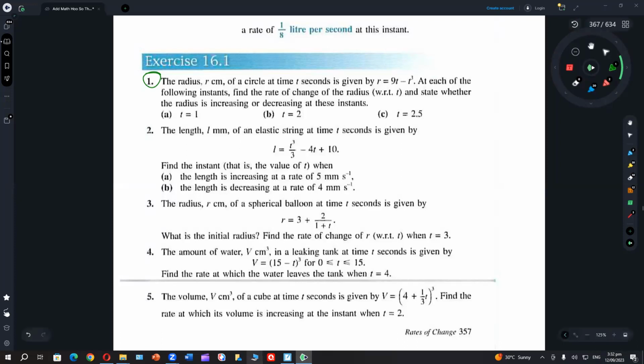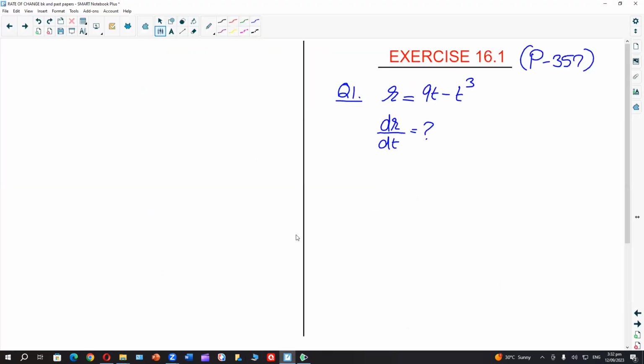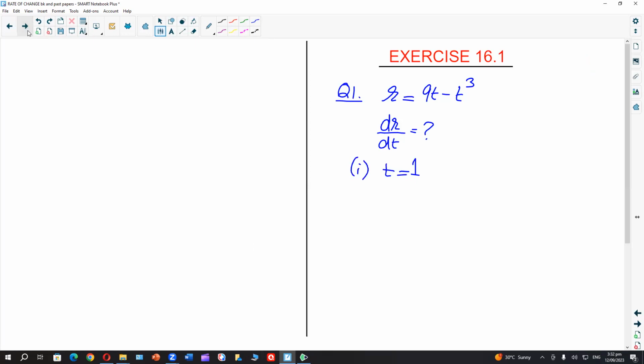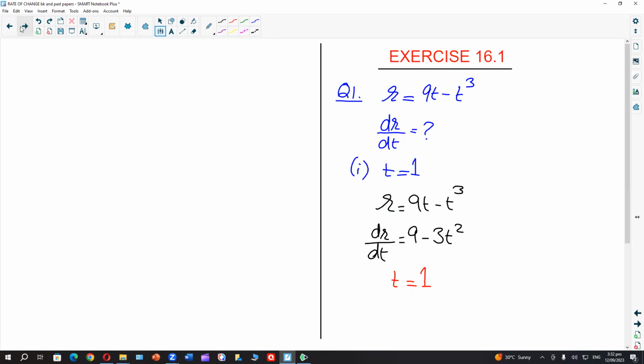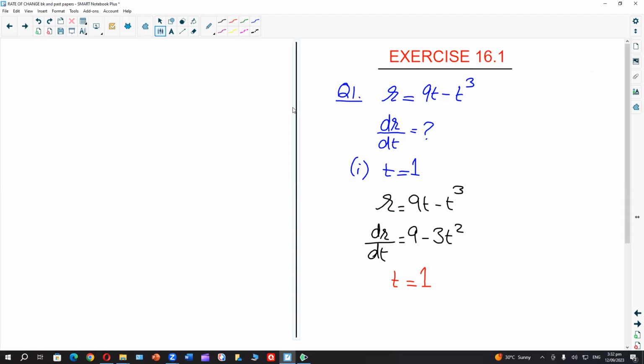Have you read the question? Yes, sir. Okay, now I'm solving it. Good. Copy the question and, as a habit, make some working like this. First, make the data. The examiner wants the rate of change of r, the rate of change of radius.